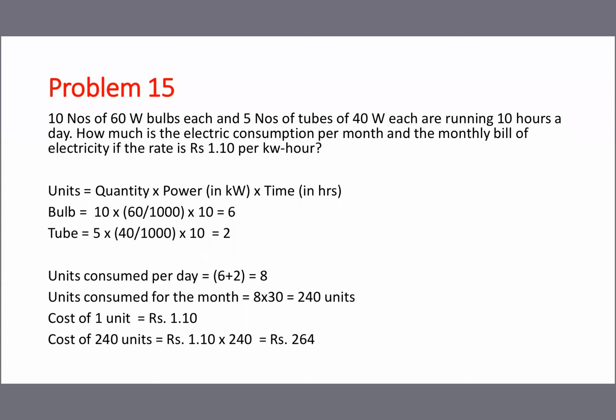Normally when a motor is given, motor power will be given, mostly in terms of HP, sometimes 1 HP. Convert into kilowatt. Suppose it is given in terms of kilowatt, then substitute as it is. Along with the motor, suppose efficiency is given, then divide by efficiency. So that is the energy calculation.